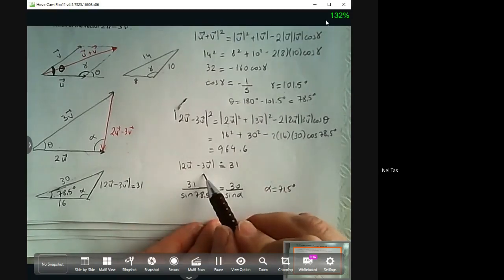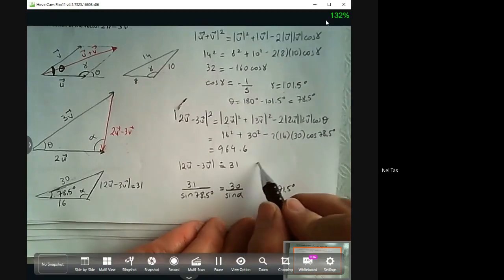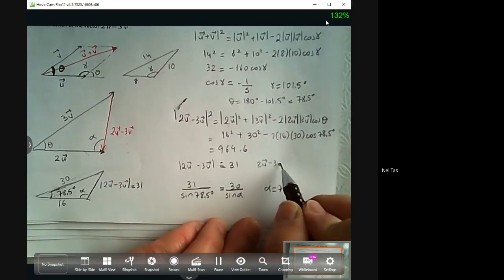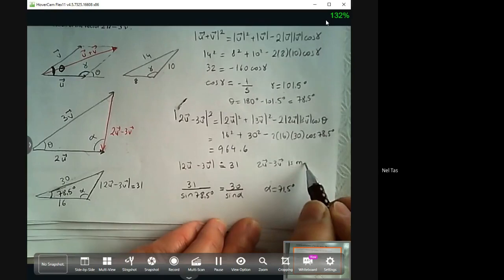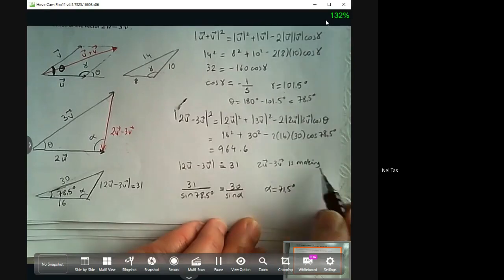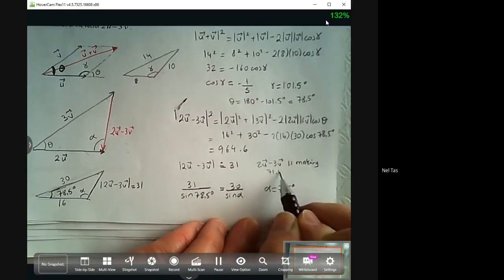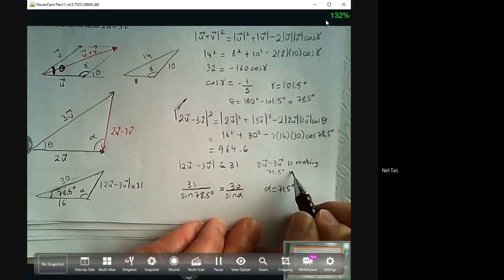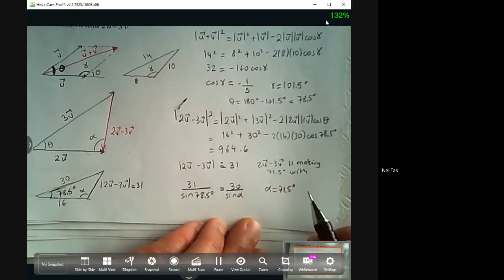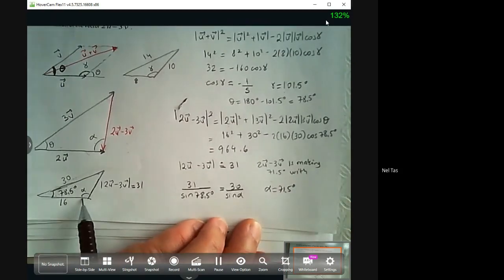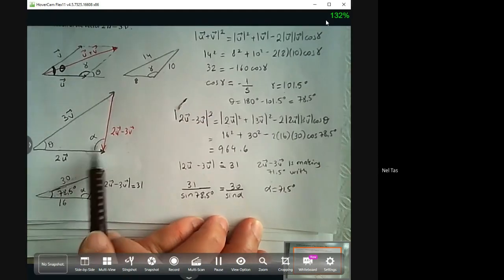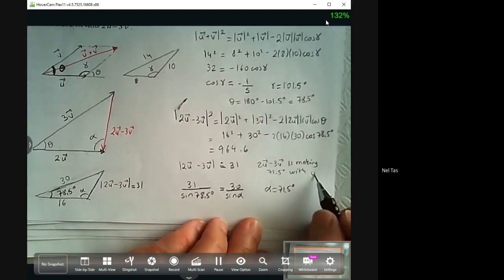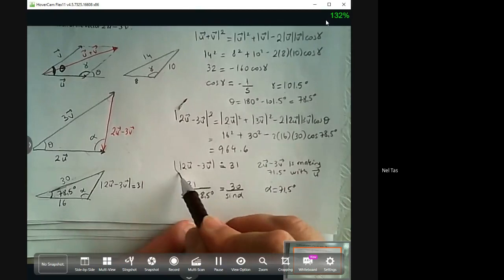Okay, so 2u minus 3v is making 71.5 degrees with vector u.